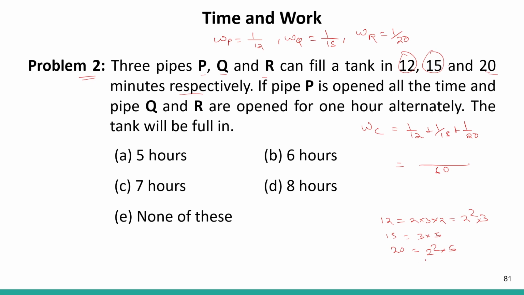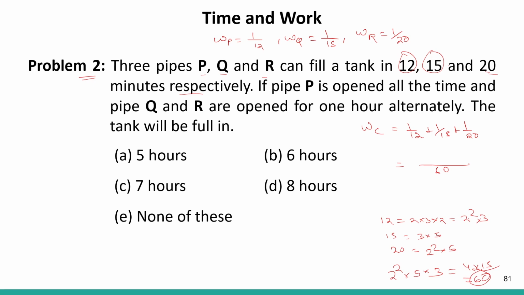So we see how many primes there are. 2, 3 and 5 are there, and we multiply those primes with their highest power. So 2 power 2 into 5 into 3, because the highest power for 3 is 1, for 5 it is also 1, and for 2 the highest power is 2. So what we are left with is 4 into 15, that is equal to 60. So 60 will be the LCM.